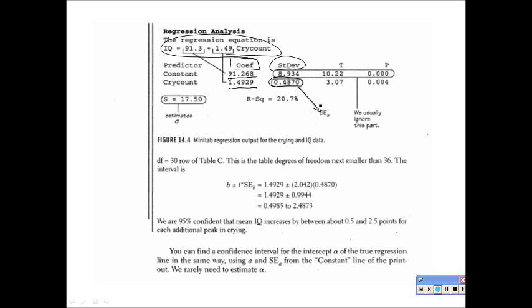The standard error about the line is 17.50, and it appears below the table. There are 38 data points, so the degrees of freedom is n minus 2, which is 38 minus 2, which is 36.